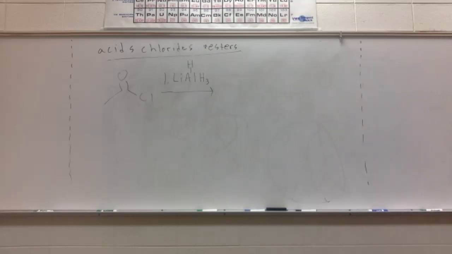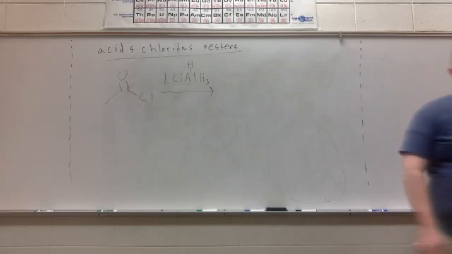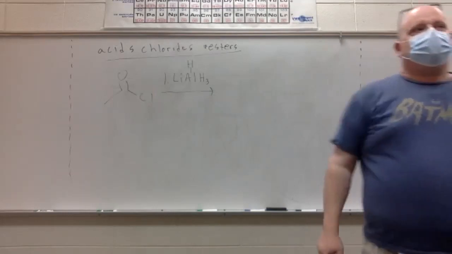What do you think is going to happen here? Give me a mechanism step. H isn't going to attack the Cl. Remember, Cl is very electronegative, so it's got a partial negative. Those two would repel each other.